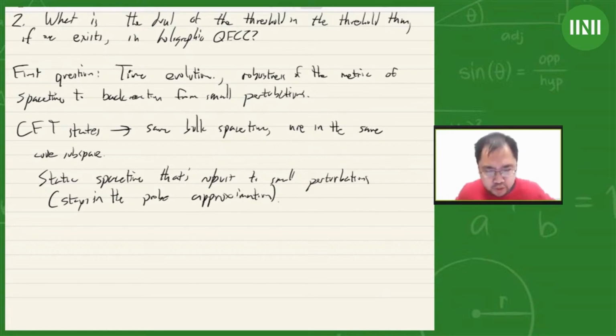And if it's not taking you out of the code subspace as you evolve through time, because it's a static spacetime, then it means that this system is in a fault-tolerant phase.